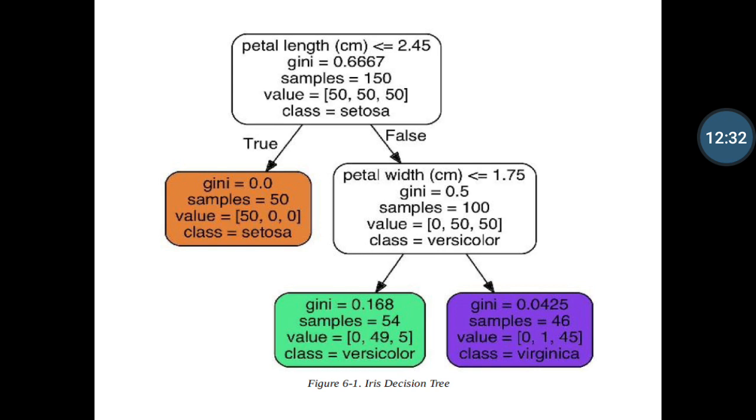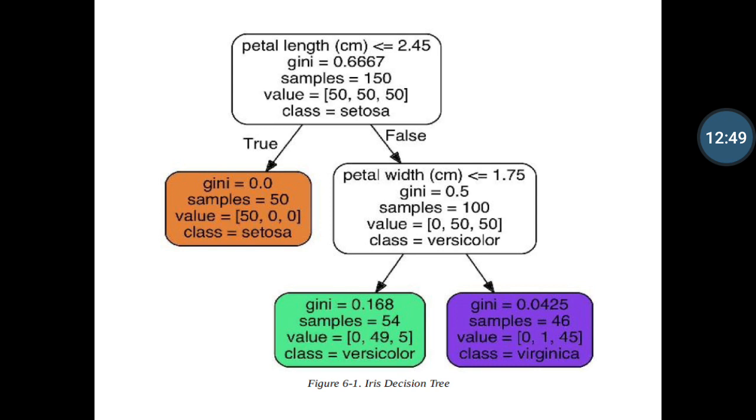The values are given in the set: gini is equal to 0.168, samples is equal to 54, value is equal to 0, 49, 5, and class is equal to versicolor.